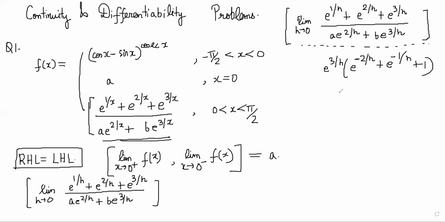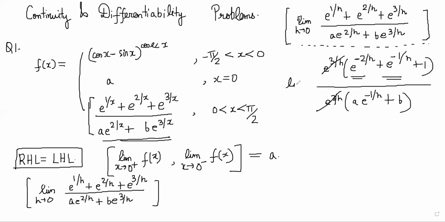Now these terms tend to 0, so it's very easy to evaluate. In the denominator also, if you take e power 3 by h common, it is a e power minus 1 by h plus b, and e power 3 by h gets cancelled. The limit as h tends to 0 is now very easy. This is 0, this is 0, this is 1, this is 0. So 1 by b is your RHL, correct?